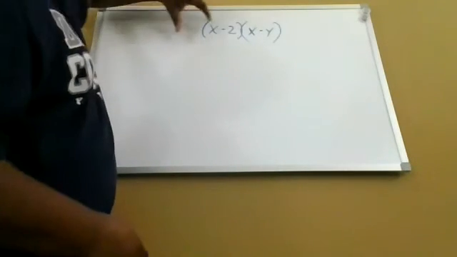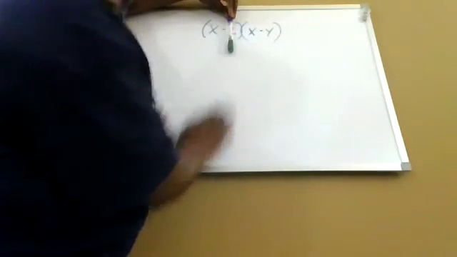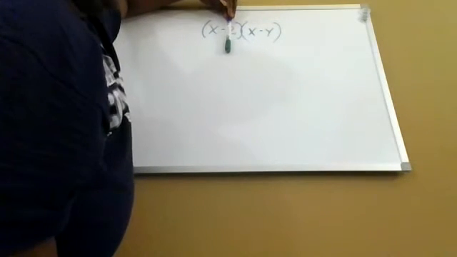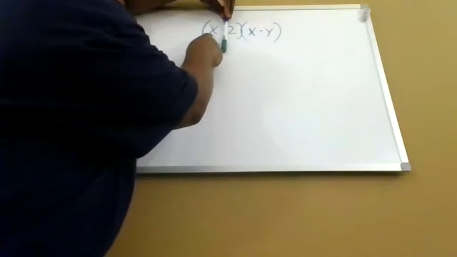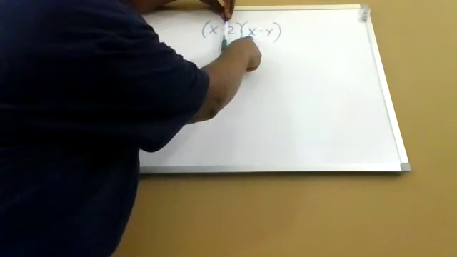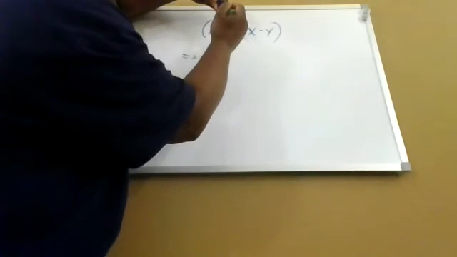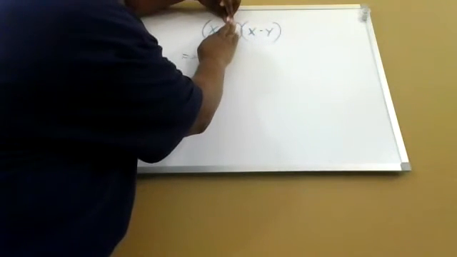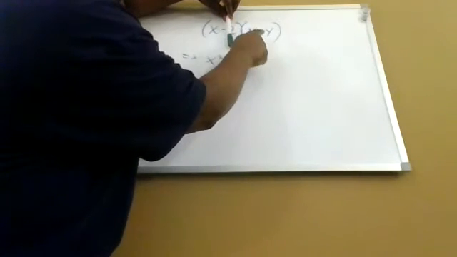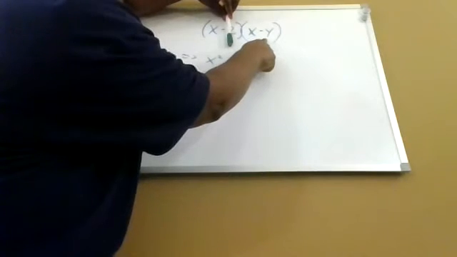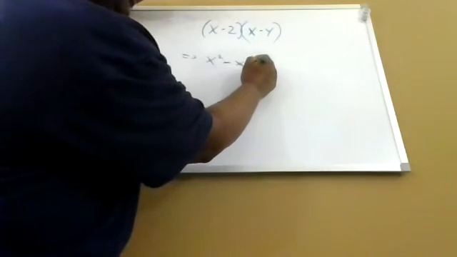If I think about covering up that negative 2, I'm going to first multiply the x times the x to give me x squared. And then I'm going to multiply the x times the negative y to give me negative xy.